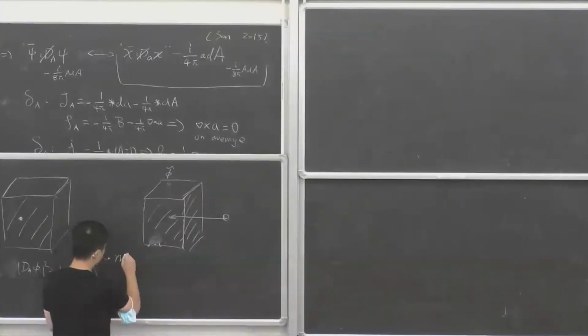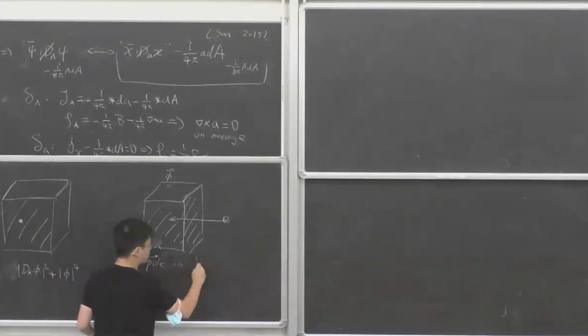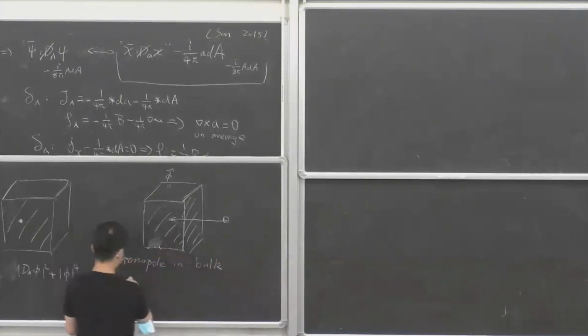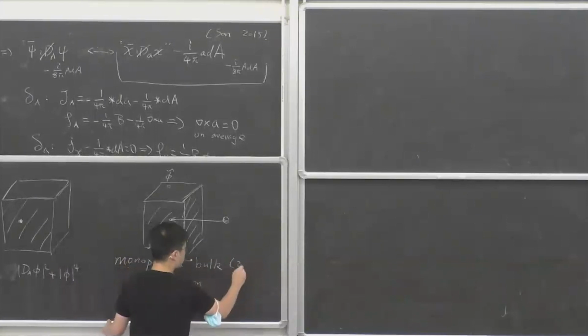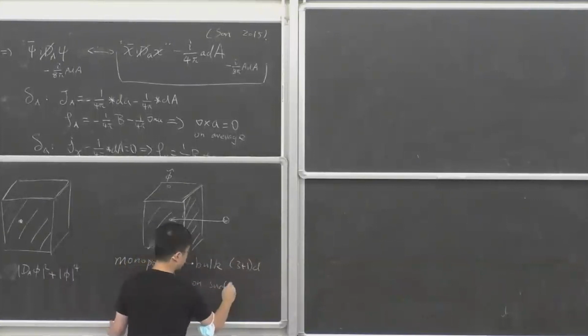So monopole in the bulk gives me vortex on the surface, the 2+1D.